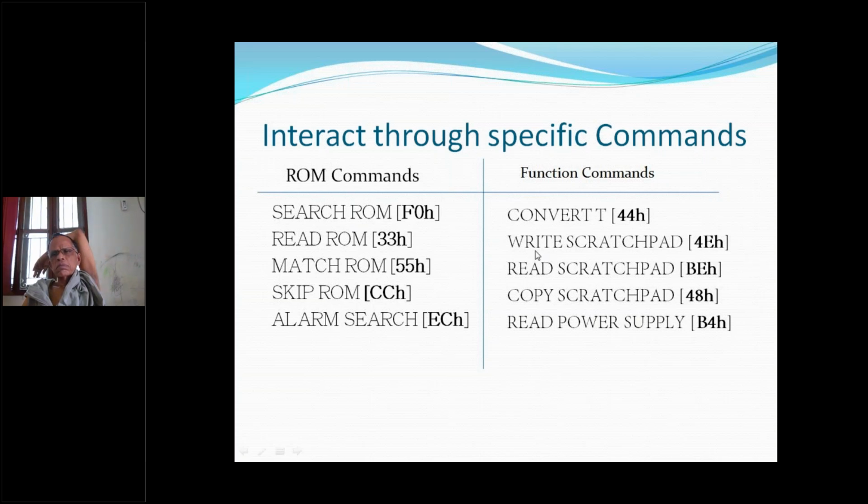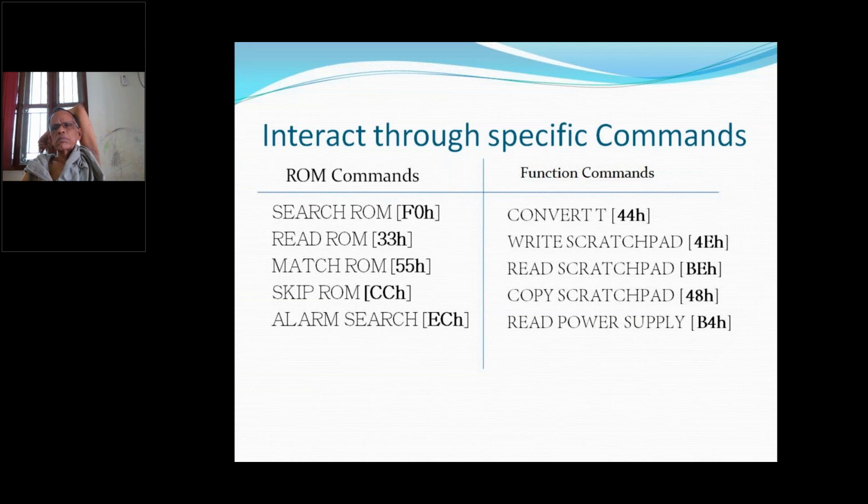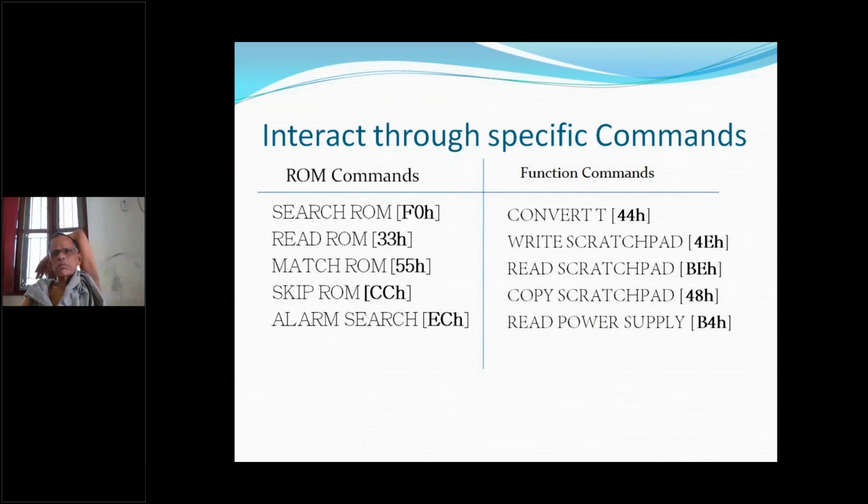Then we have the convert. Now when you use convert, actually we have to give a command 44H, 0x44. So the microcontroller will send 0x44 to DS1820, then it will start converting the analog data into digital form. Then that information is written in the scratchpad.